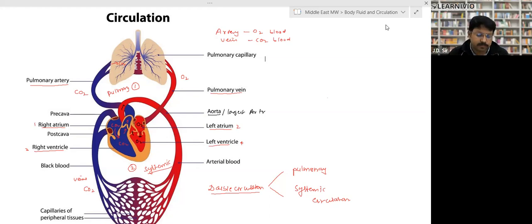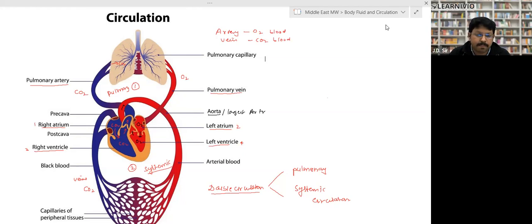In double circulatory system, the blood completes two cycles of the heart at one time. That is pulmonary and systemic circulation. Full stop.